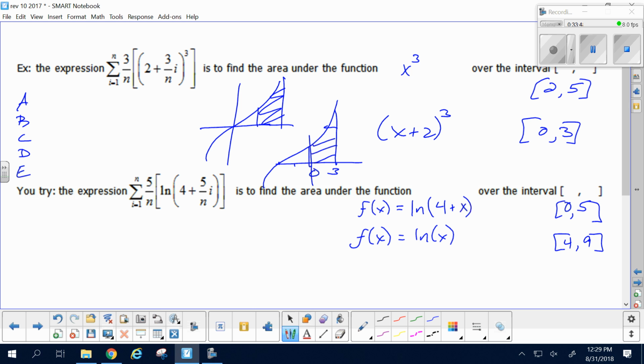What if I only told you this? Negative 2 to 3, because it's got to be 5 wide, right? And the function?